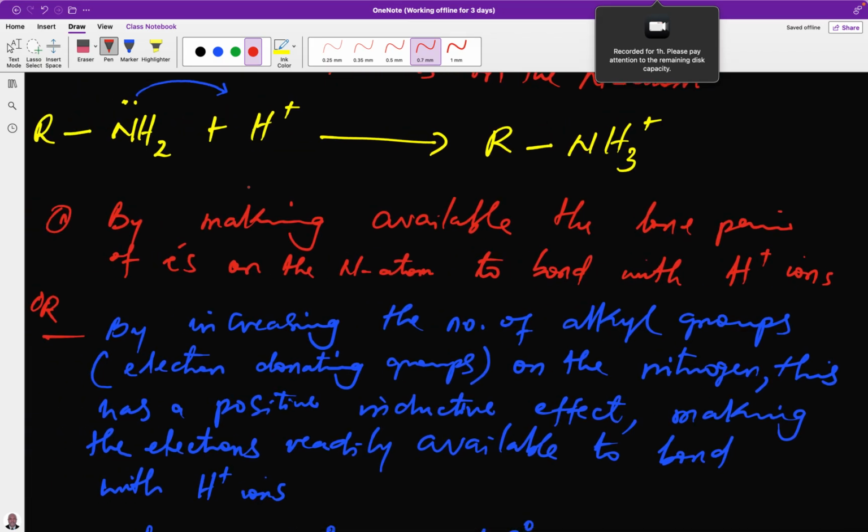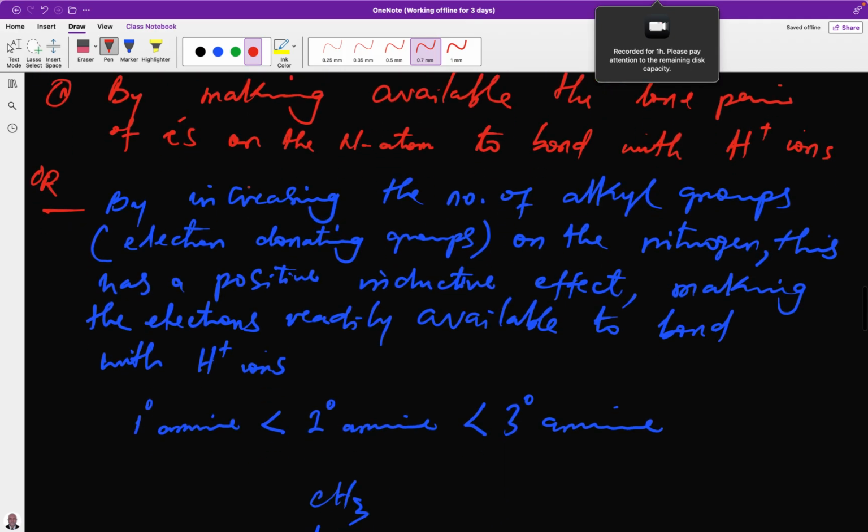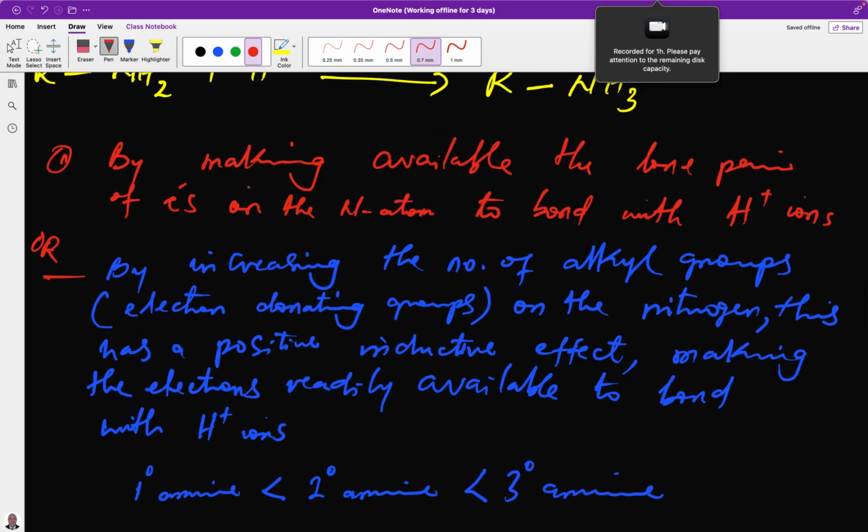If you increase them by substituting the hydrogens on the ammonia, we go from primary to secondary to tertiary amine. This electron donating group helps to donate electrons on the nitrogen, making the nitrogen atom have more electrons to bond with the hydrogen ion. So increasing the number of alkyl groups or electron donating groups is one factor that makes available the lone pair of electrons on the nitrogen to bond with the hydrogen ion.